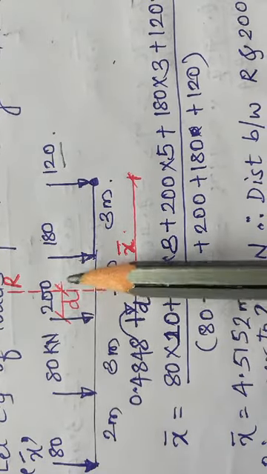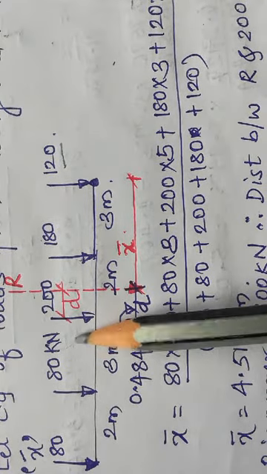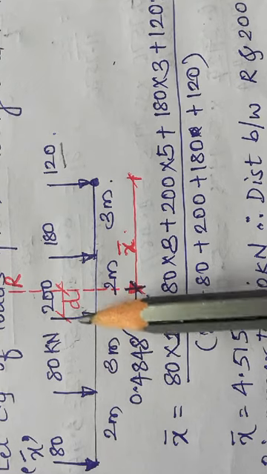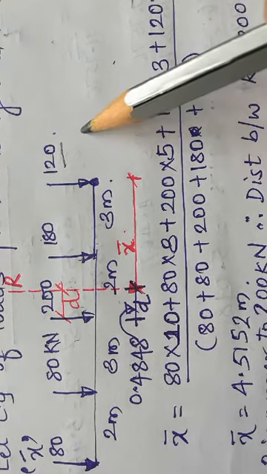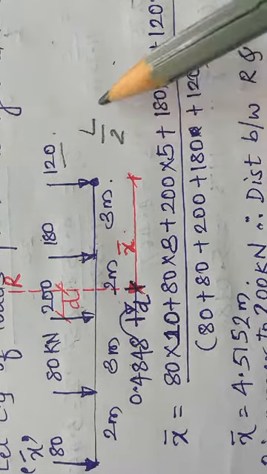Now in this problem it is falling towards the left of the resultant, so there will be a small change. We used to calculate it as L by 2 plus D by 2 when the heavier load lay to the right of the resultant. Here, instead of plus it will be minus.